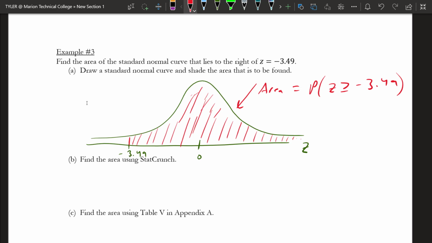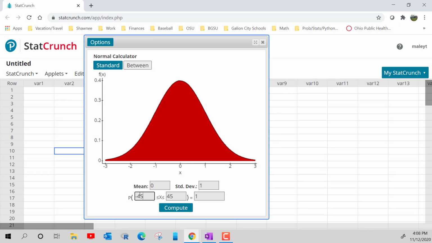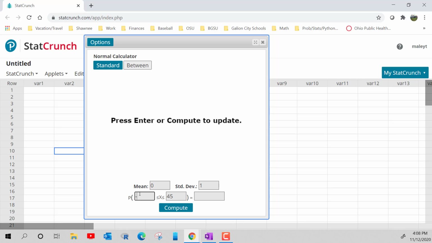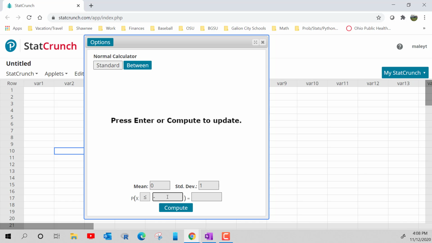So we can find that area using StatCrunch. So we would write negative 3.49. Whoops, we want to do standard, greater than negative 3.49.